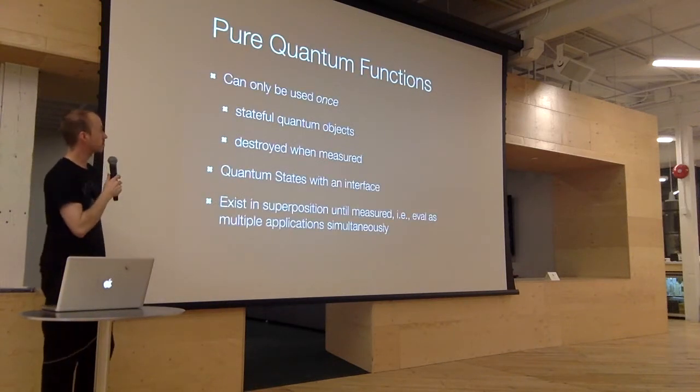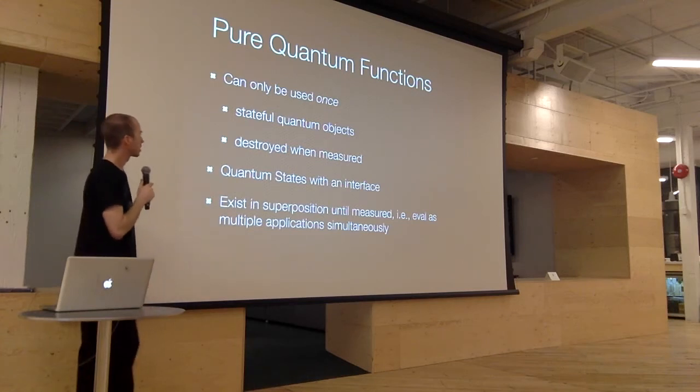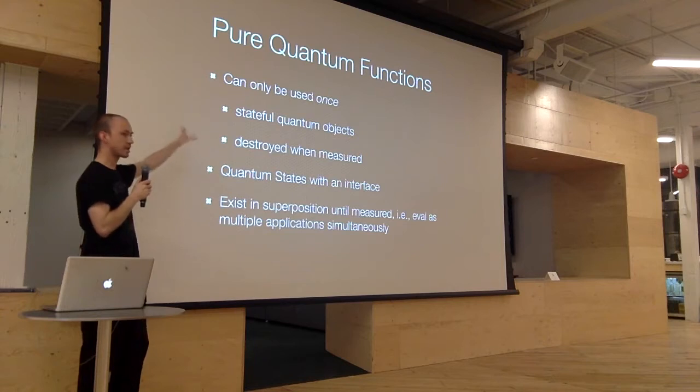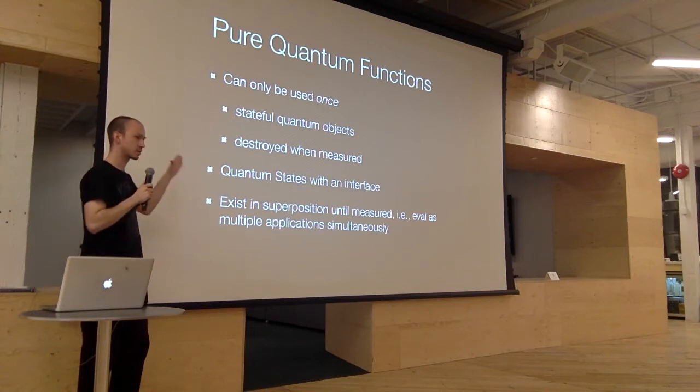Now, the pure quantum functions are a little tricky. Because they are actual stateful quantum objects, they can only ever be used once. So you can't really think of the pure quantum functions as classical functions.